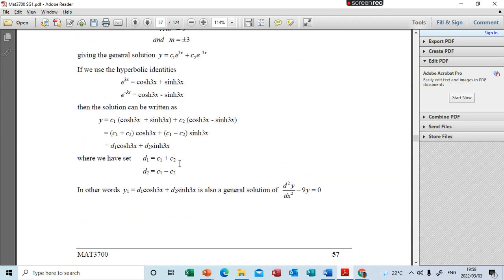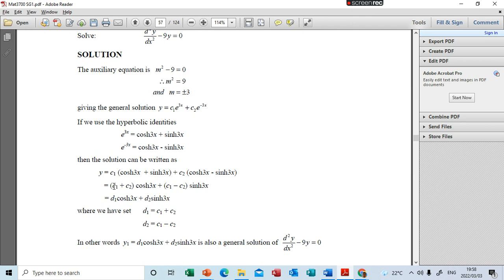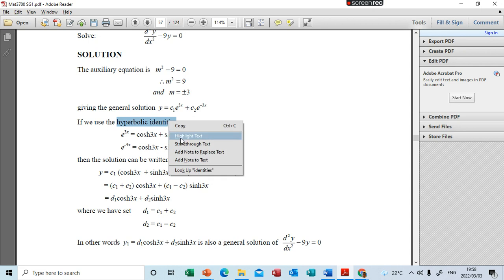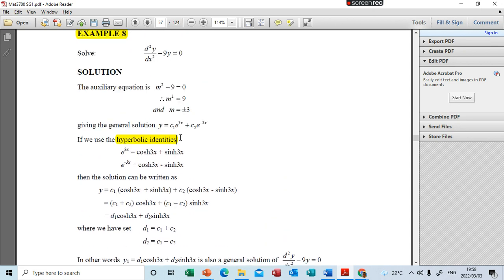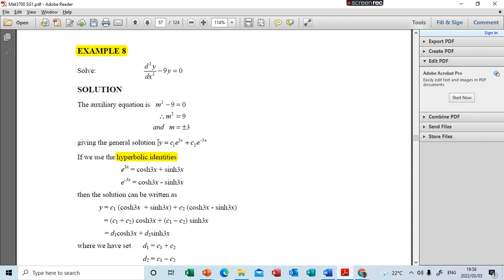Where is that formula? This one. You see, hyperbolic identities. That's your hyperbolic identities. Nothing complex there, nothing is complicated, it's easy. That's your general solution.